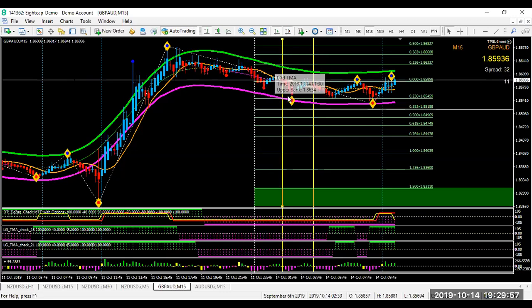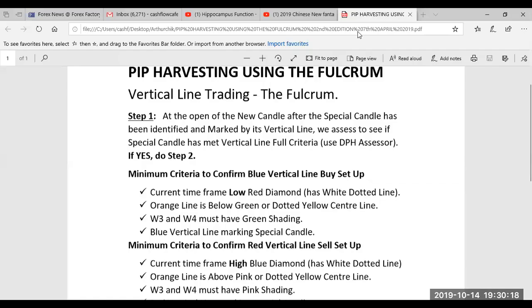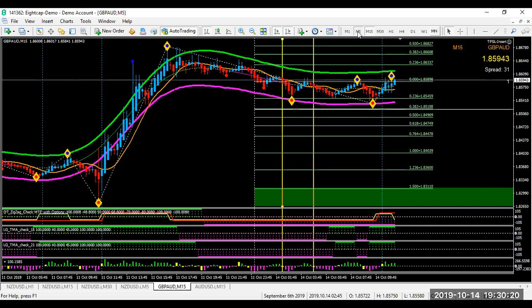Once again, even if you didn't enter on the 15, what the 15 does is support a 5 minute, and we would expect the 5 minute would have looked something like this. It'll turn up shortly.